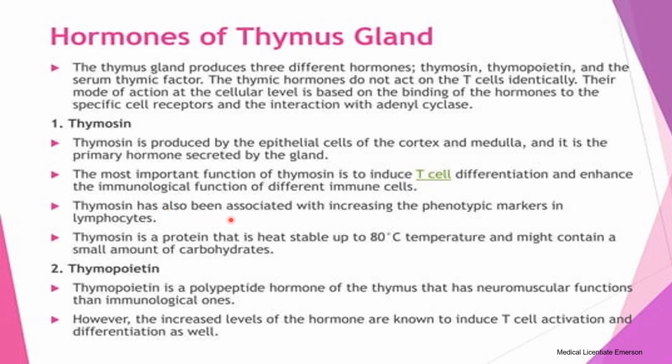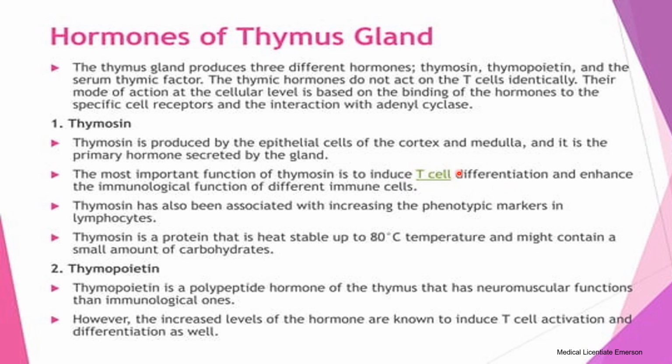Thymosin has also been associated with increasing the phenotypic markers in lymphocytes. Thymosin is a protein that is stable up to 8 degrees temperature and might contain a small amount of carbohydrates. So in short, thymosin induces T cell differentiation.